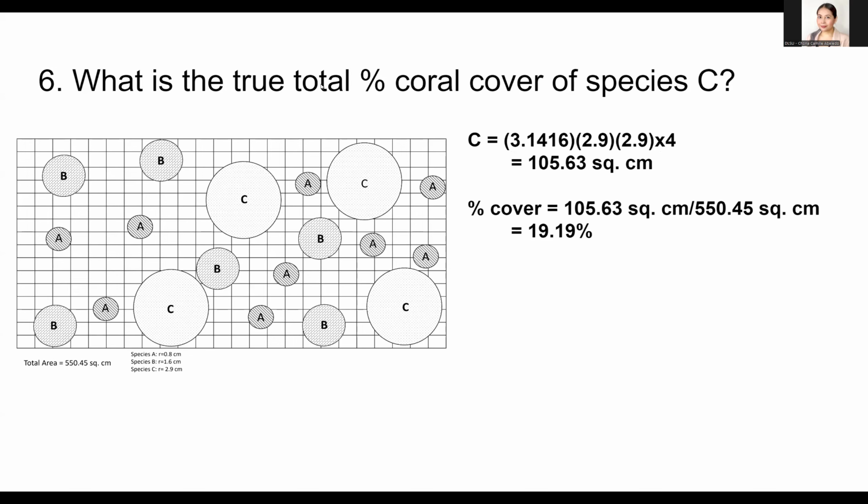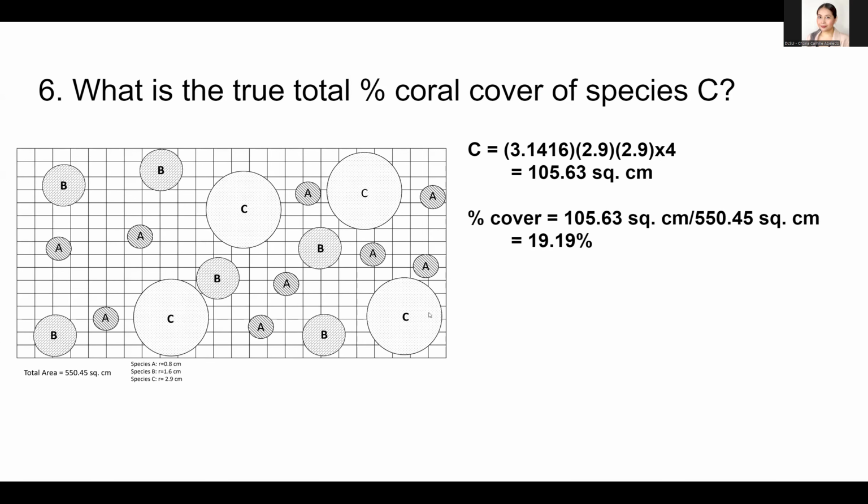And then for item number 6, what is the true total percent coral cover of species C? Species C has a radius of 2.9 centimeters. So pi r squared times 4, because we only have 4 of these corals, 1, 2, 3, and 4, which will give you 105.63 square centimeters. You divide that by the total area, which is 550.45, to give you a value of 19.19% or 19.2% or just 19%.